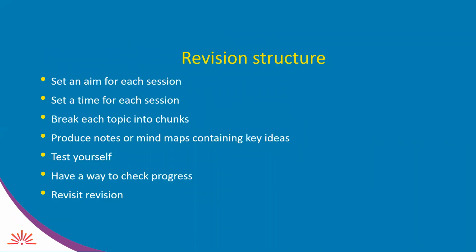In terms of what students should do, we will encourage them to set aims for each session, to break each topic into chunks, to plan it out ahead of time, and then to stick to that plan, to have a way of testing themselves and to have a way to check progress. And this is where, as parents, you can sometimes just help. After they've done a 20-minute session, you can spend 5 minutes at the end just questioning them about some of the content that they've picked up on, or some of the flashcards that they have done.